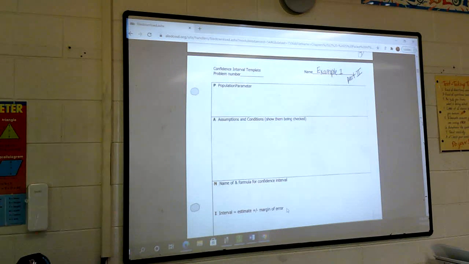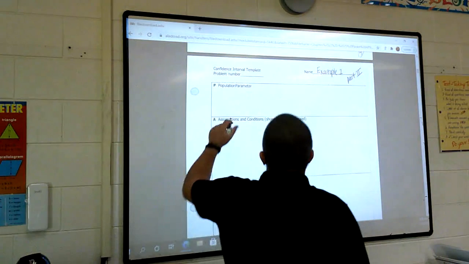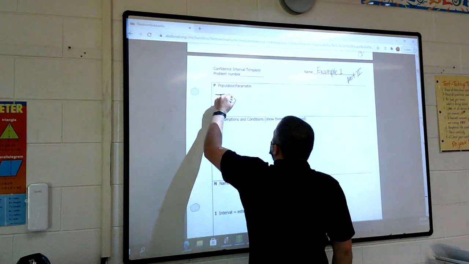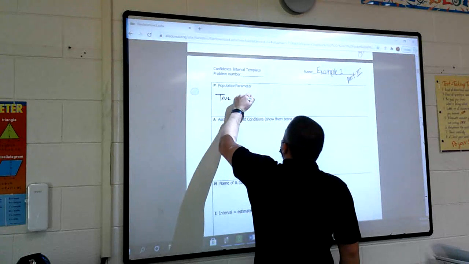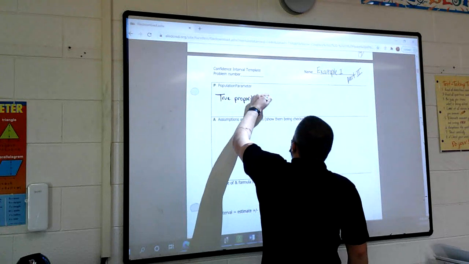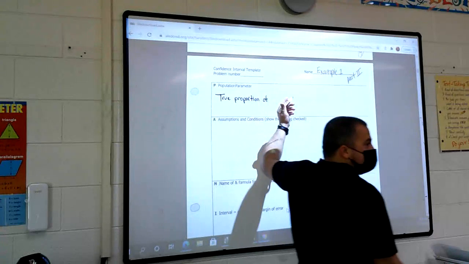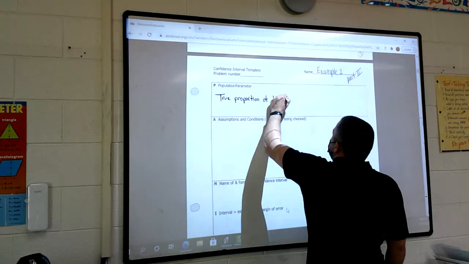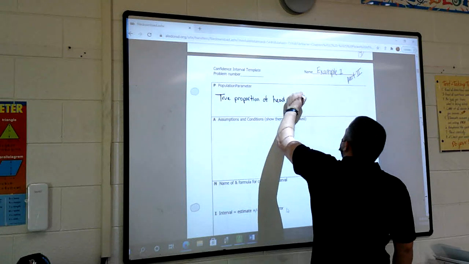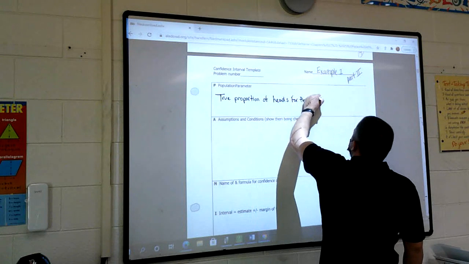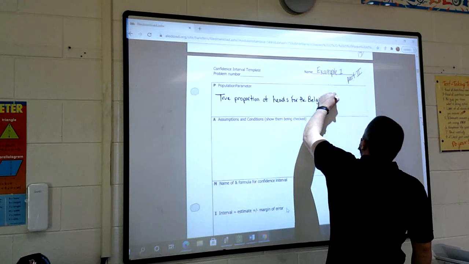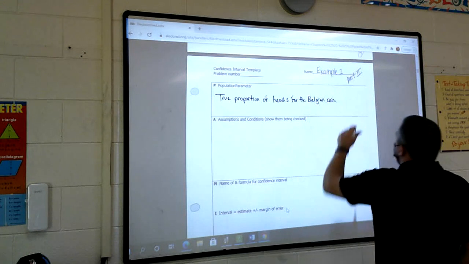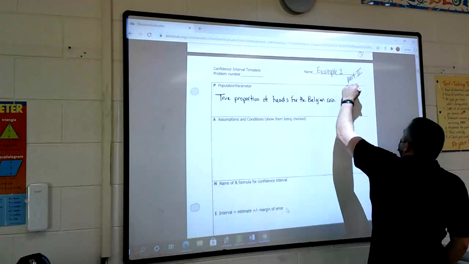We're interested in the true proportion of what? True proportion of times it lands on heads, right? Of heads for the Belgian coin. Okay, and the p, this is kind of tricky here.